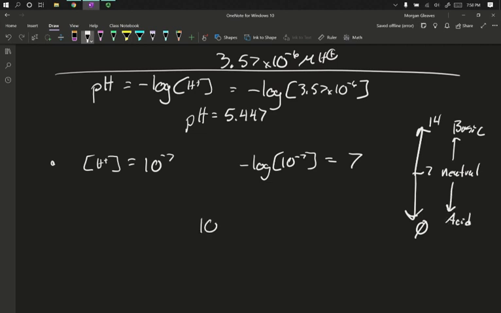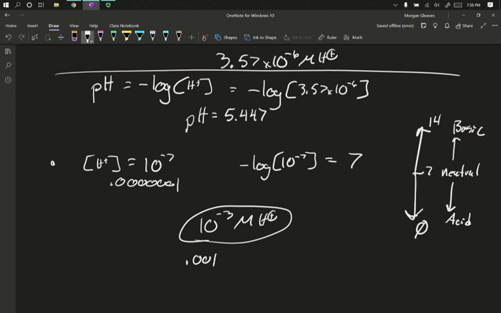If you have 10 to the minus 3 molar H+, well, that is actually way more than 10 to the minus 7, because it's a negative exponent there. So 10 to the minus 3 would be 0.001, where 10 to the minus 7 is 0.0000001. So the larger our H+ gets, when we take the negative log of that, we'll get a pH equal to 3.